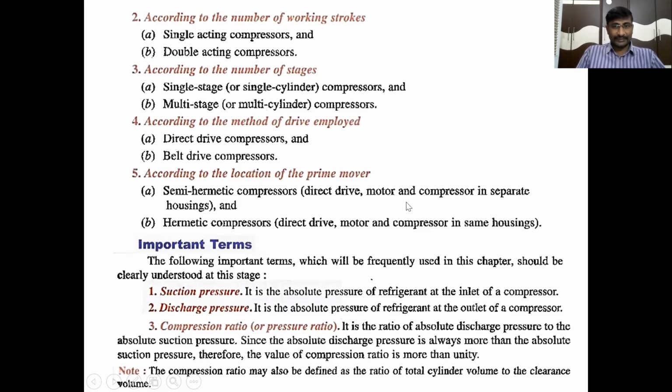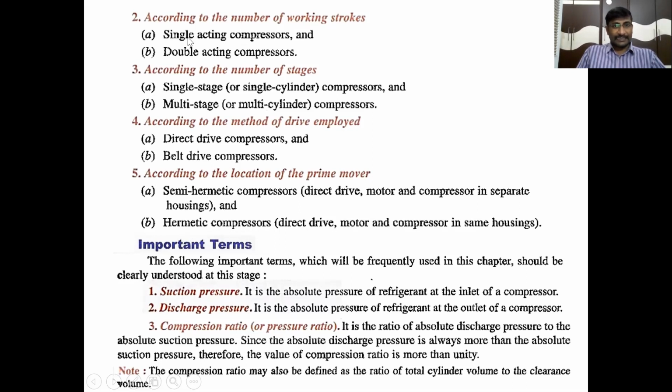These two are located in a single housing, meaning a single location. They are sealed with each other, and that housing is airtight. There is no leakage from the compressor. That is called a hermetically sealed compressor.